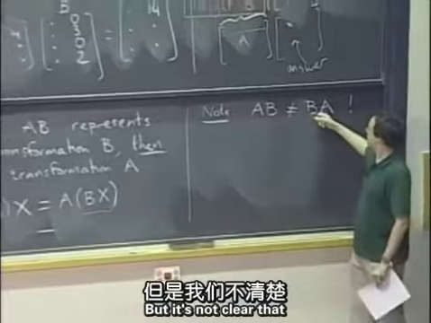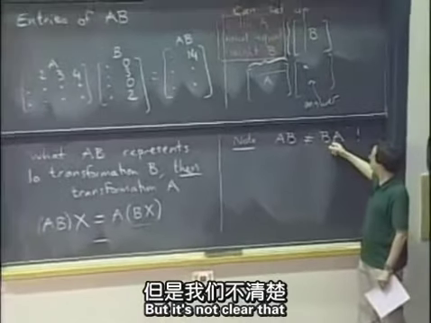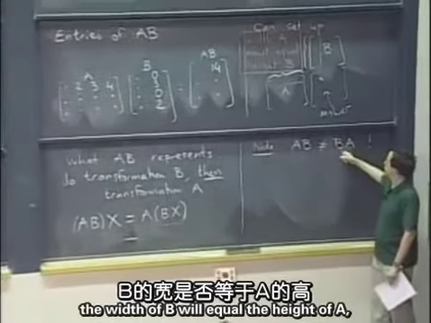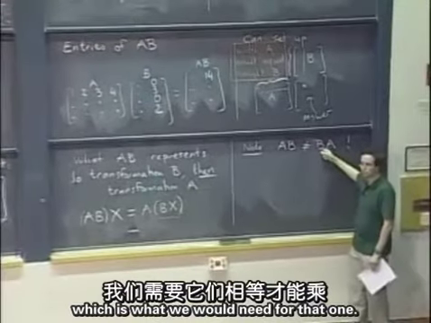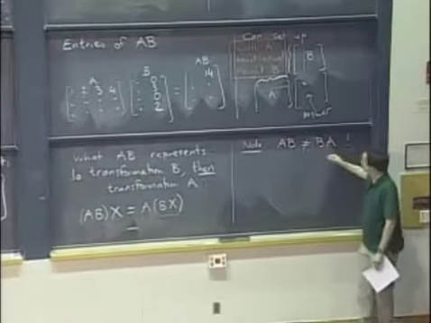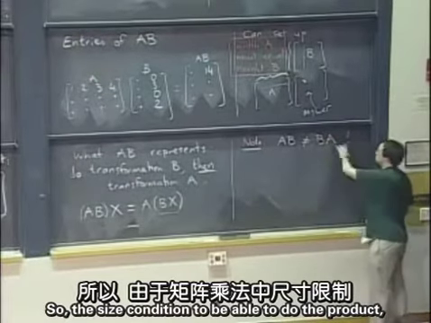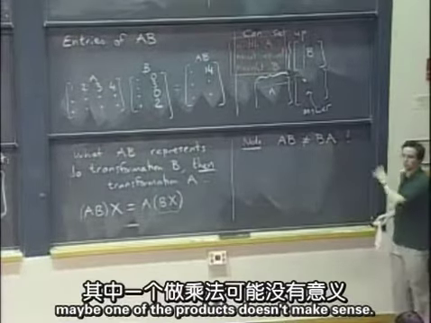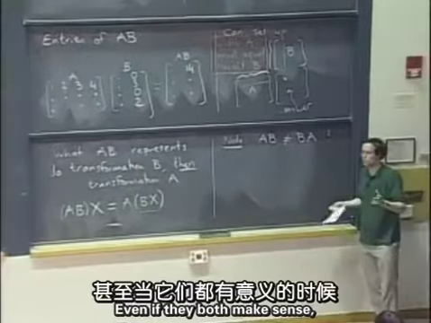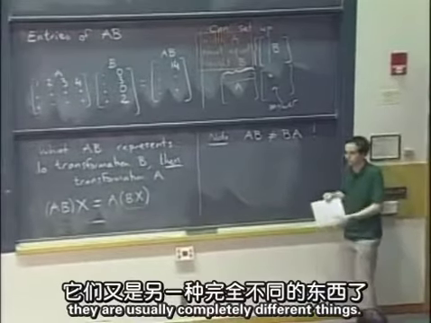But it's not clear that the width of B will equal the height of A, which is what we would need for that one. So the size condition to be able to do the product might not make sense. Maybe one of them doesn't even make sense. Even if they both make sense, they're usually completely different things.